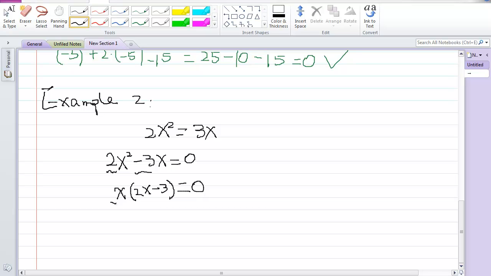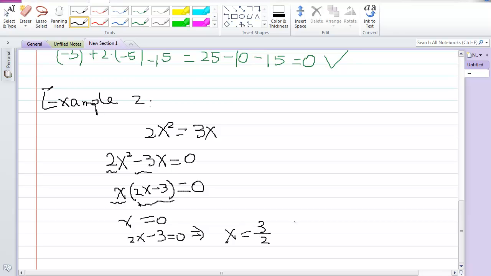So we have two things multiplied together that equal 0, applying the zero property again. Either x equals 0 or 2x minus 3 equals 0, which means x equals 3/2, which is 1 and 1/2.